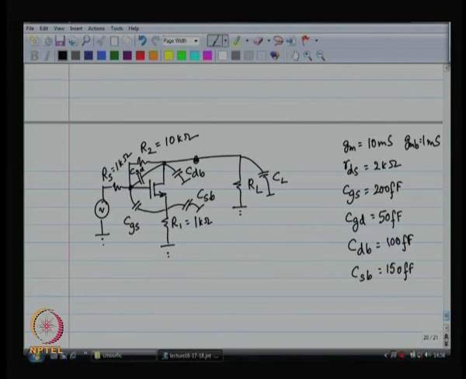What do you want RL and CL to be? Let us say RL and CL are 10 kilo ohm and 1 picofarad. All right, just some numbers over here.